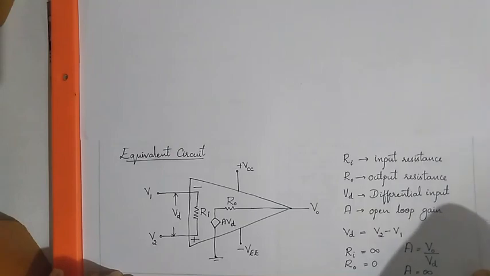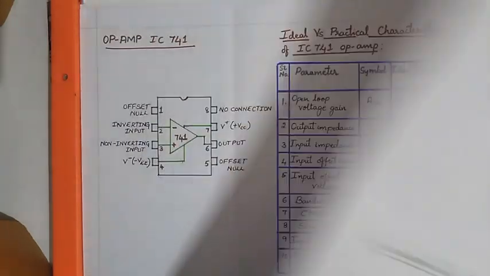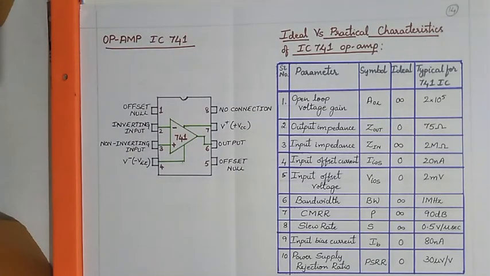Moving on to the next topic, another important topic is the Op-amp IC. Op-amp IC 741 is one of the most popular and commonly used op-amp ICs. There are many manufacturers of them.